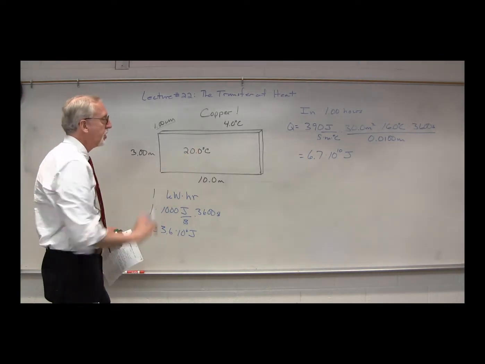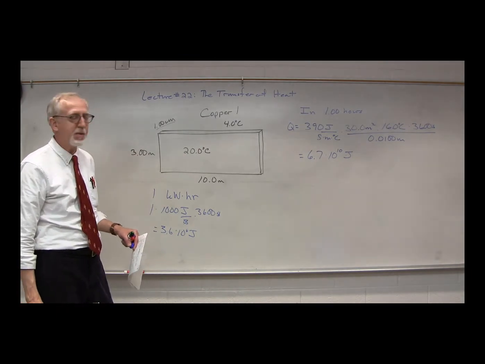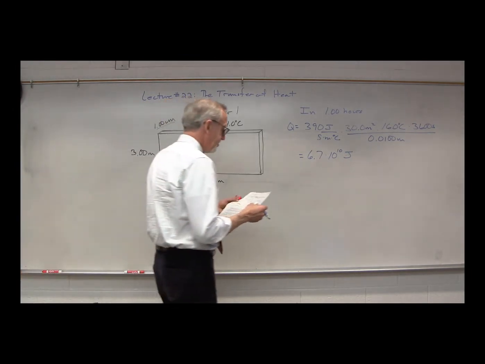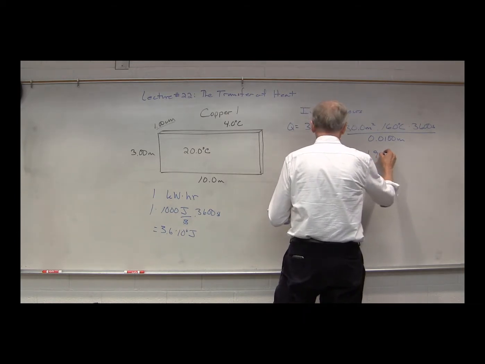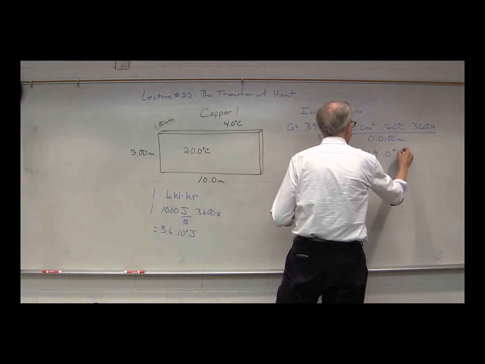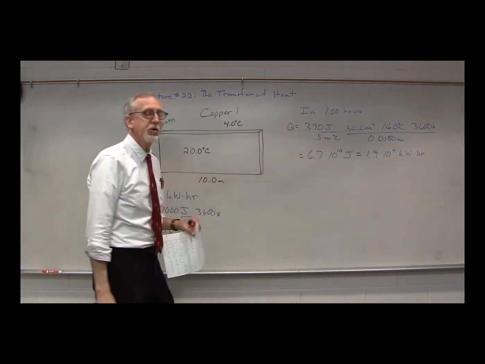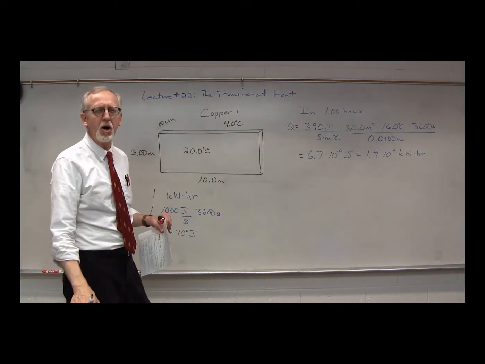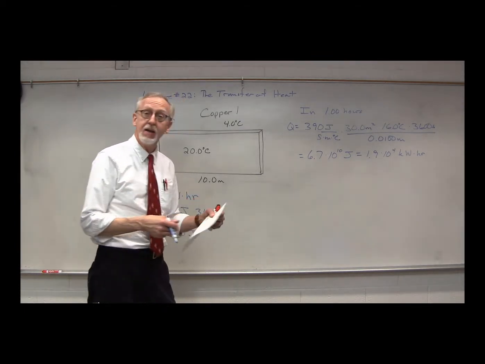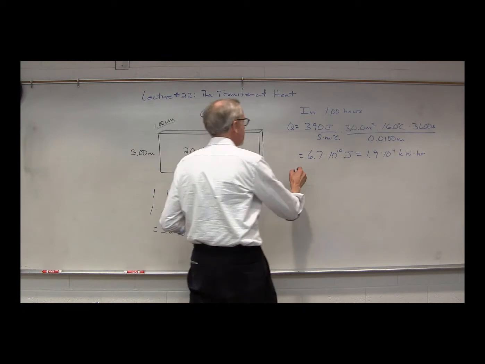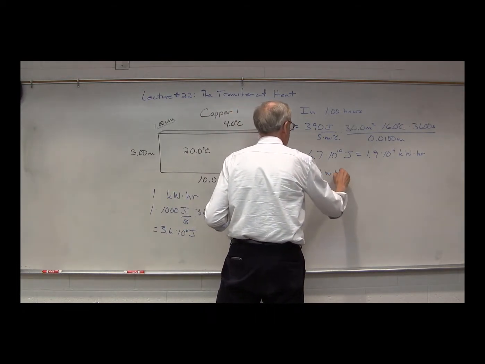So we can convert this, dividing by 3.6 times 10 to the 6 joules and multiplying by 1 kilowatt hour. This turns out to be 1.9 times 10 to the 4th kilowatt hours. Now, I'm not sure exactly how much a kilowatt hour costs right now, but the last time I looked on my electricity bill, it was 15 cents per kilowatt hour.